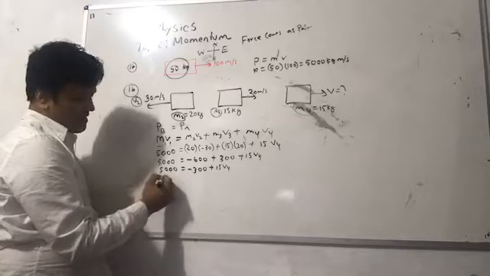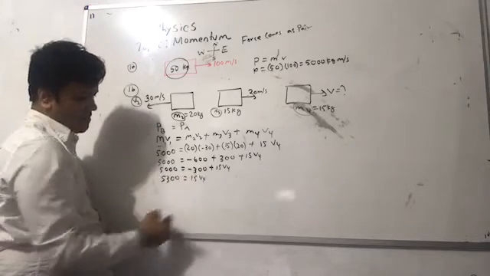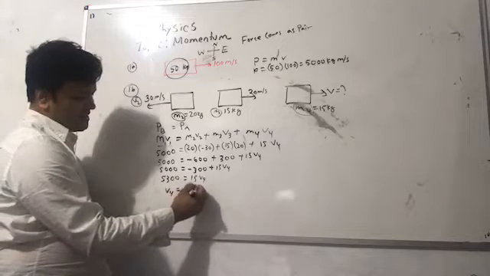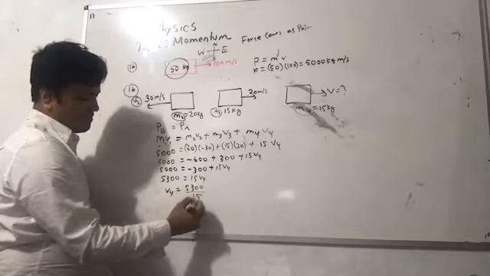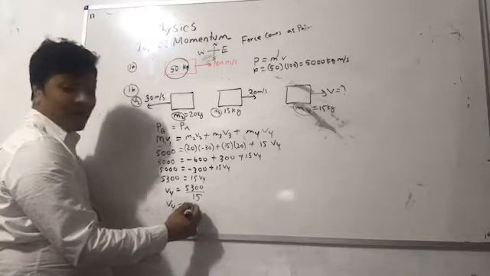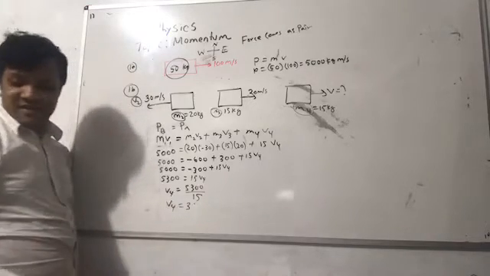If you move it here, that would be 5,300 is equal to 15 V4. So V4 is equal to 5,300 divided by 15. Oh, it says 353, I believe. Let's see, 5,300.